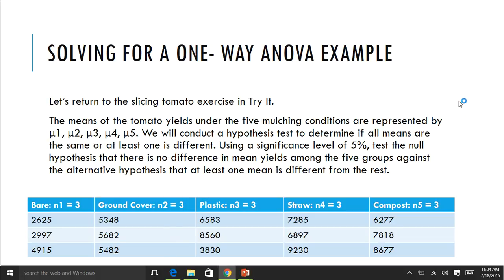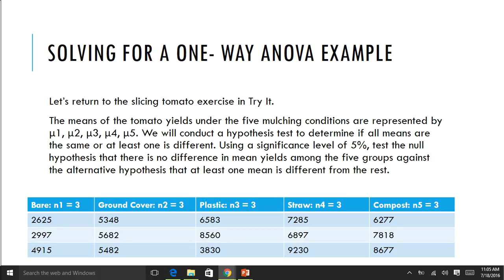The question asks: the means of tomato yields under the 5 mulching conditions are represented by mean 1, mean 2, mean 3, mean 4, mean 5. We will conduct a hypothesis test to determine if all the means are the same or at least one is different. Use a significance level of 5%.